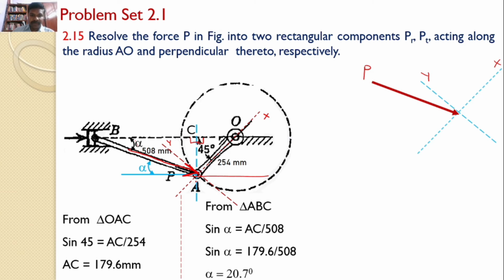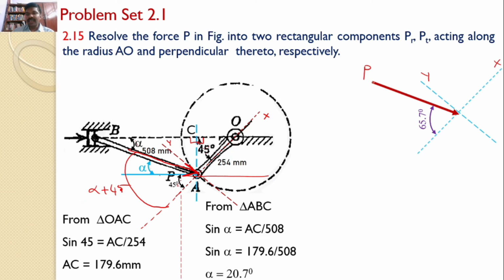Hence, the angle made by this line, the x-axis, with this horizontal will also be equal to 45 because opposite sides are equal. Hence, what is the total angle made by the force P with our x-axis? Alpha plus 45, that is 65.7 degrees.